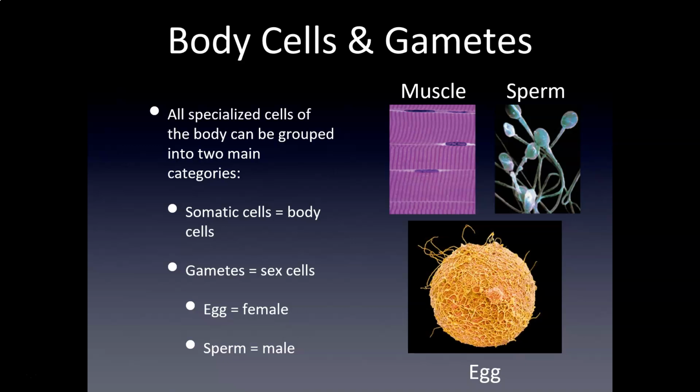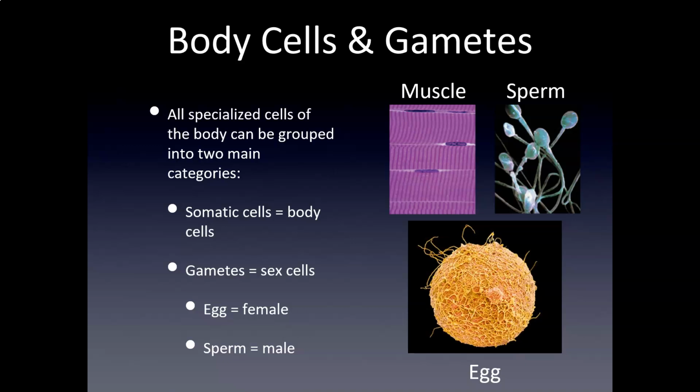So when we look at your body, multicellular organisms like us as humans, we've got two major categories that we can separate your body cells into. We can talk about somatic cells, or what you would typically associate with body cells: muscle cells, neurons, skin cells, pretty much any cell you can think about in your body is probably a somatic cell.